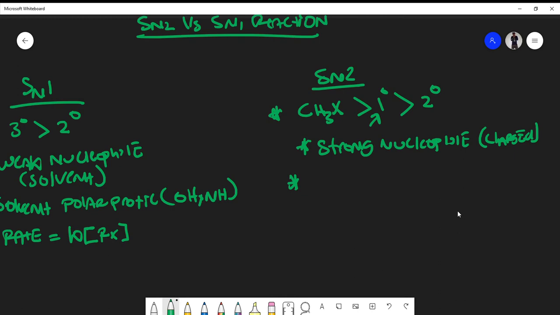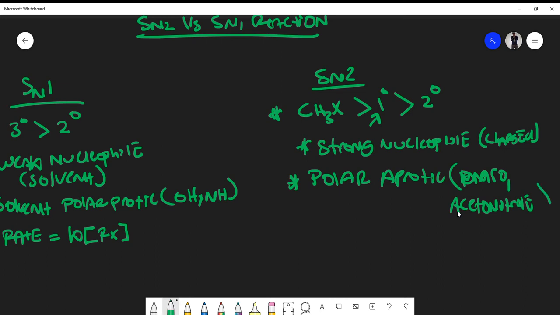Now the solvent effect is opposite to that of an Sn1 reaction. The solvents that we use are actually polar aprotic. These include your DMSO or your acetonitrile and various others.